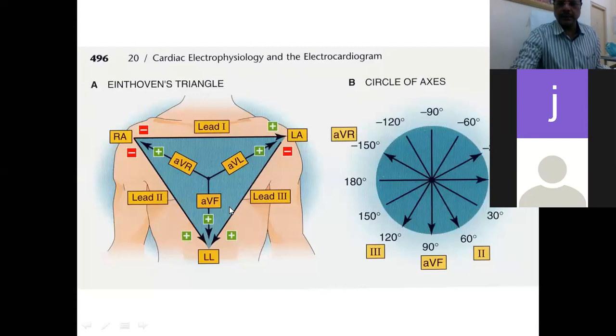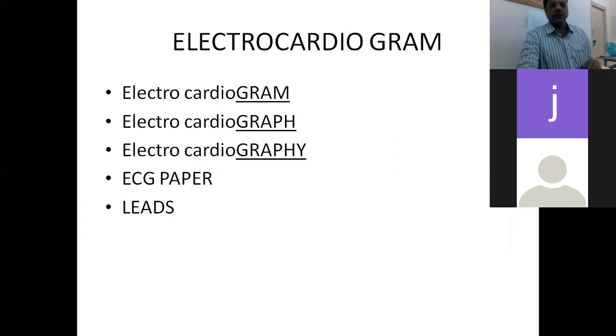Okay. In yesterday's class, I spoke about these three terms: electrocardiogram, electrocardiograph, and electrocardiography. I told you that electrocardiogram is the graphical record of the electrical activity of the heart.